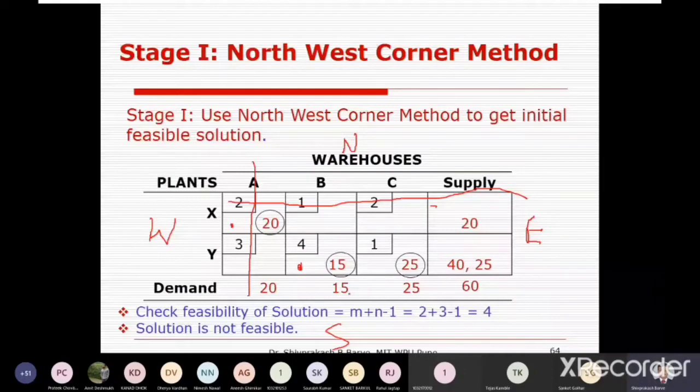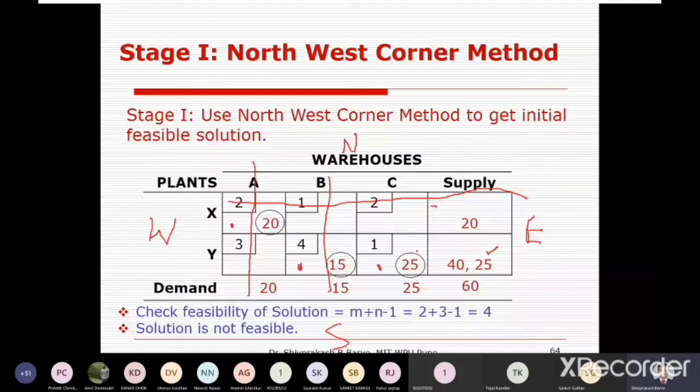Take the minimum of these two, 15. The remaining 25 units go to the next iteration. By allocating 15 here, warehouse B capacity is also over, and only one cell remains. Here supply is 25, demand is 25, so put 25 here. Now all the allocations are over.